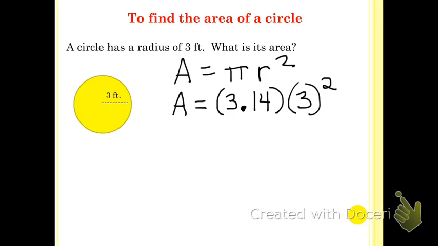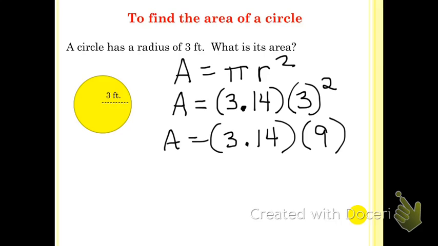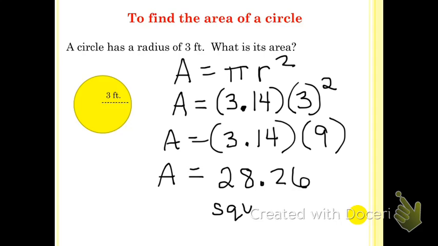Make sure you follow the order of operations. Exponents come before multiplication. So area equals 3.14 times 3 squared, that's 3 times 3, which is 9. And now we'll multiply 3.14 times 9. We get 28.26. So the area of this circle would be 28.26 square feet.